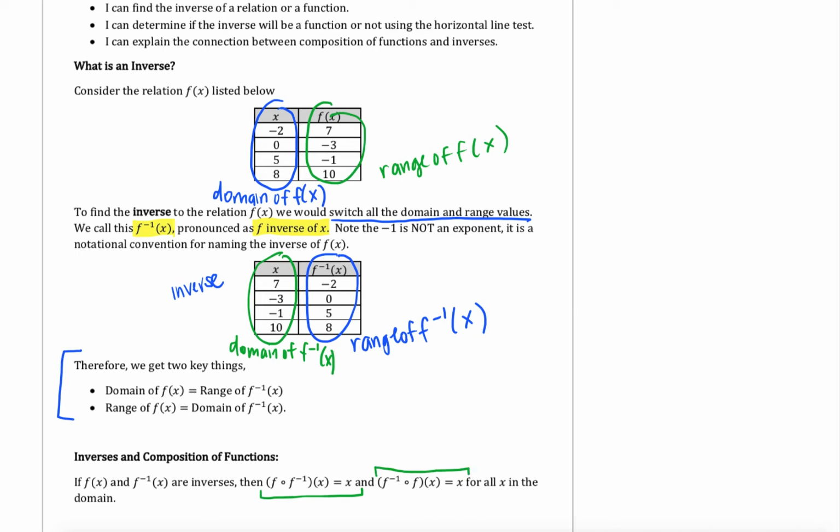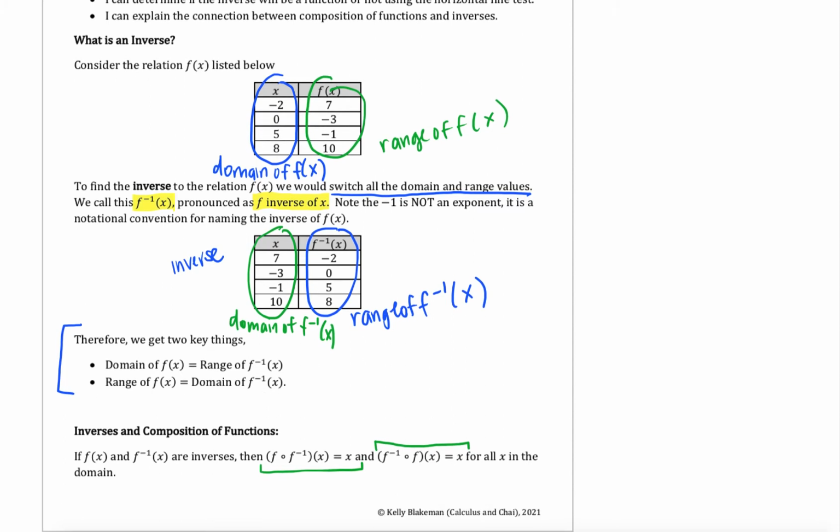I want to use an example from up above so that we can see it. Let's take the first coordinate pair. We're looking at -2 going to 7, or 7 going to -2 if we're looking at the inverse. Let's start by computing f of f inverse. Since we're starting with this computation, our inside function is f inverse, so I need to pick some input from f inverse, so I'm going to pick 7.